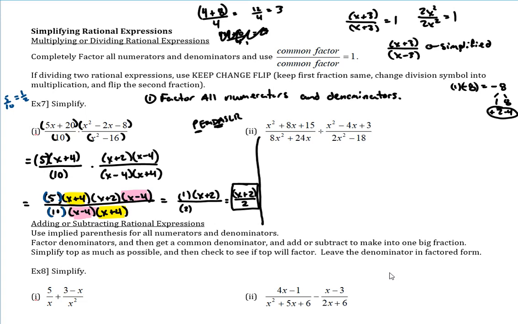Parentheses would be before multiplication or division. So it wants to do this addition, and then later it would want to divide. But because of the variable, it cannot do the addition. It just has to stay as is. Okay, so be careful of that. So only the same number of terms divide with each other.